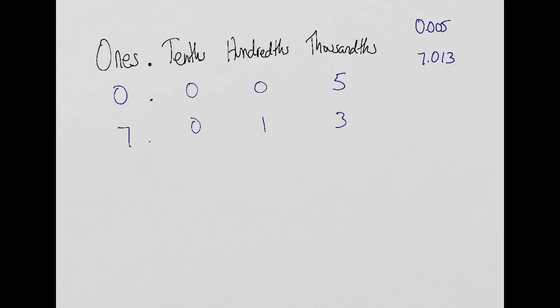And if you had the number, say, 5.2, you would just do that. But really, 5.2 is actually the same as saying this. These two are the same, but we usually just don't write these decimals here.